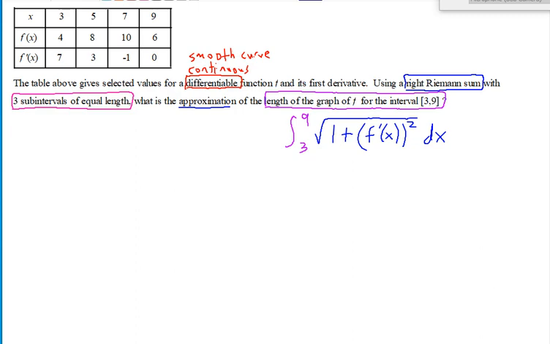And we have three subintervals of equal length, so remember we can use that to find the width, and this formula only works for equal subintervals, which we have.